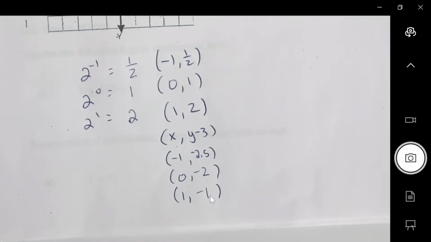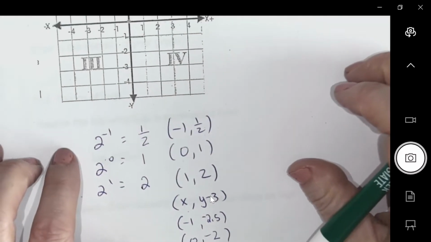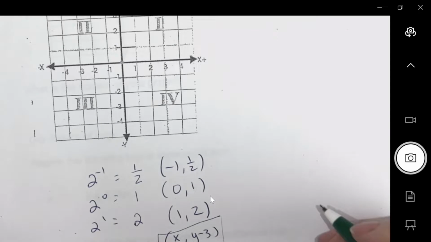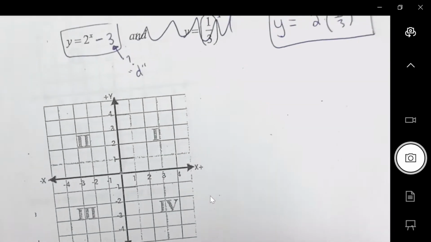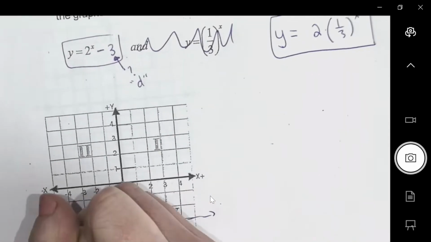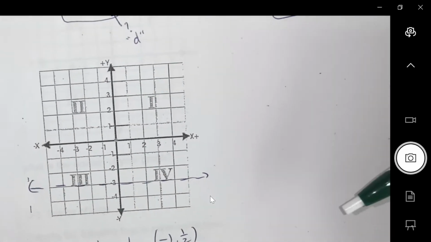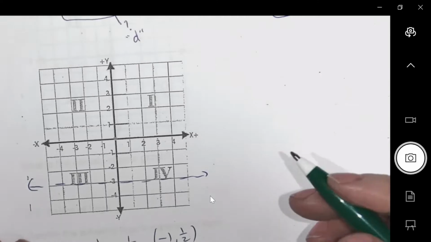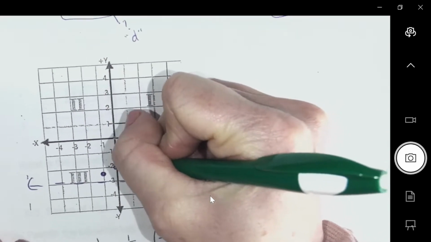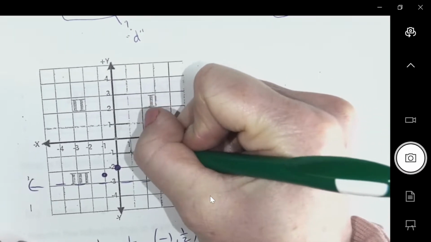What about the asymptote? What do I know about it? Where should the asymptote be? Negative 3 on a flat line like that. So negative 1 comma negative 2.5, 0 negative 2, 1 negative 1.